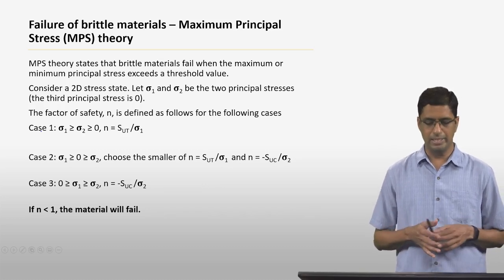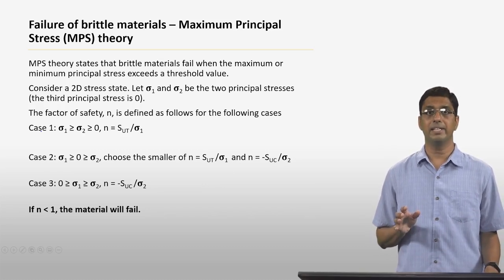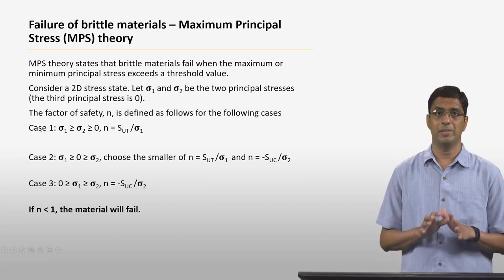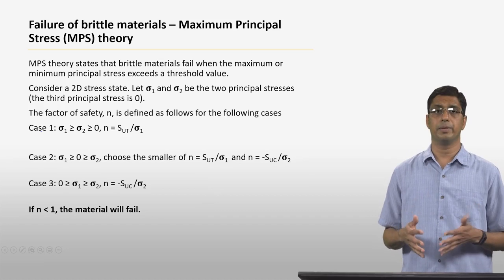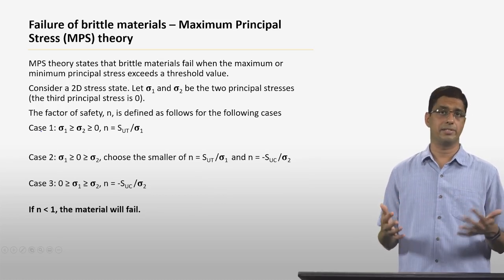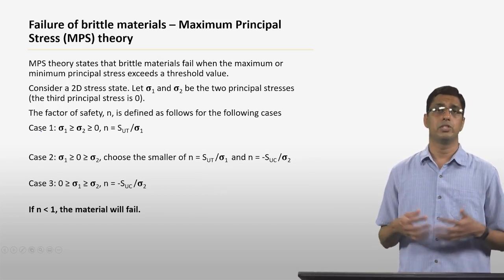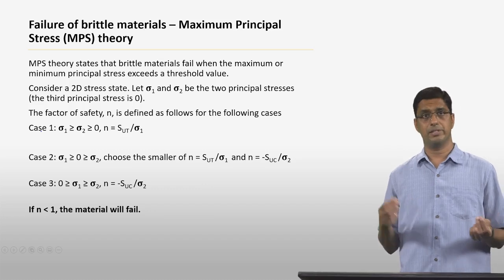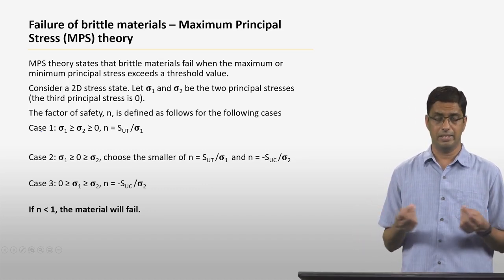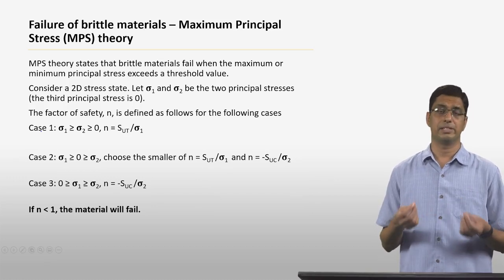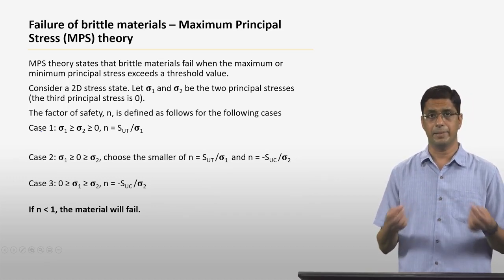One thing you must keep in mind is that we are not talking about just normal stress, we are talking about the principal stress. You know at this point how to calculate principal stresses at any point. So if the maximum or minimum principal stress at a particular point exceeds the threshold value, then you will have fracture starting from that point.